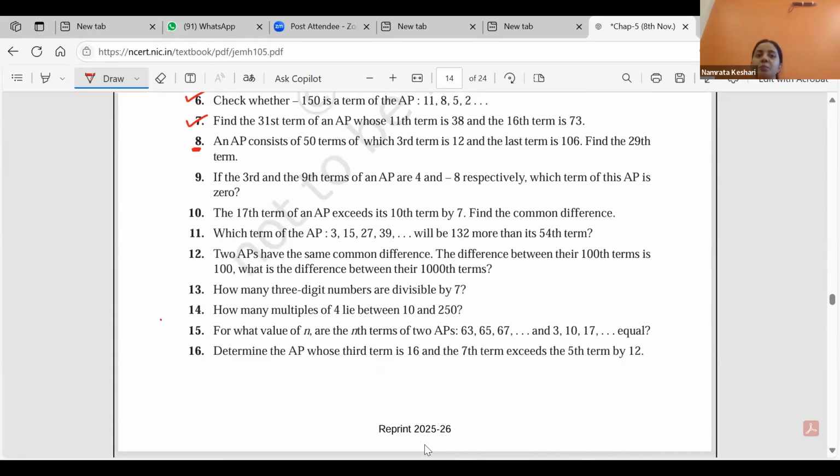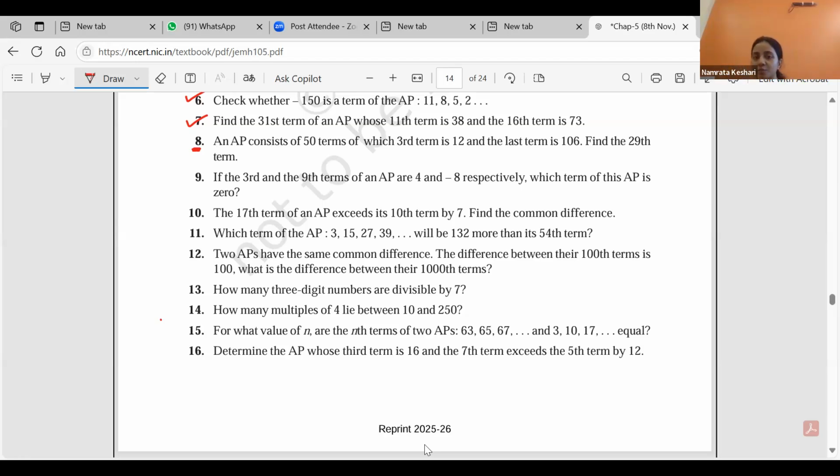So, number 8 question says an AP consists of 50 terms. We are having 50 terms in our AP: the first term, the second term, third term, fourth term.